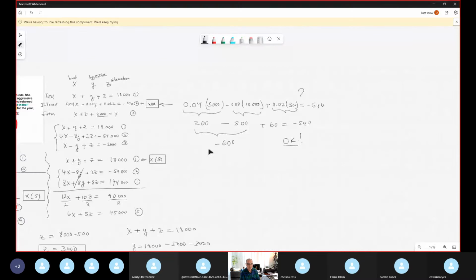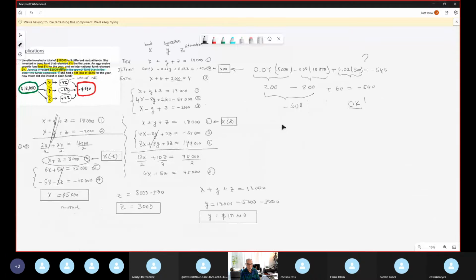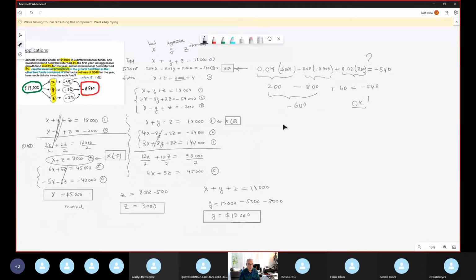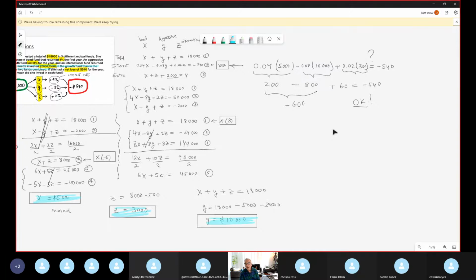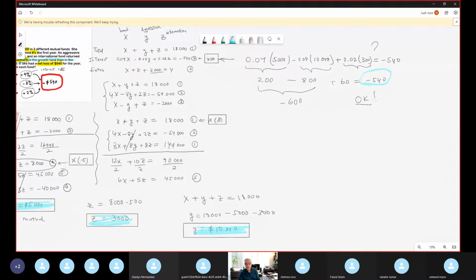She split her money in this account, in this account, and this account. And definitely this year she lost that money. Well, maybe next year, because of the pandemic, maybe. But after the pandemic, she earned more money.